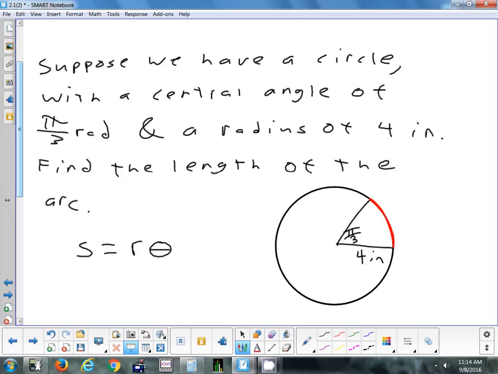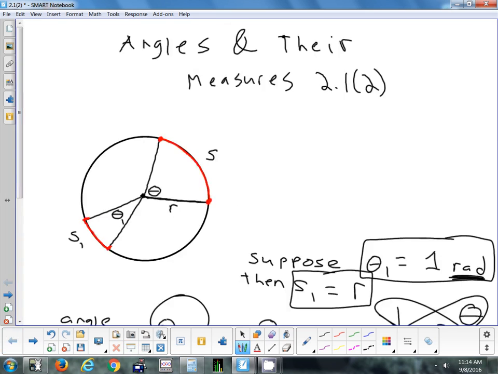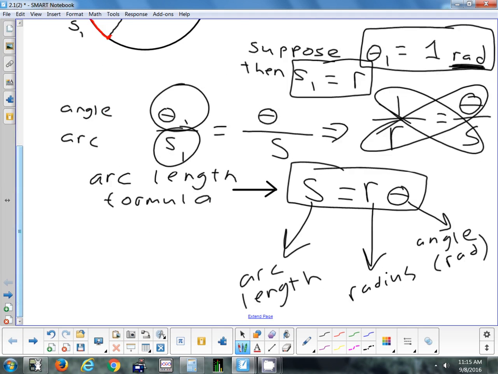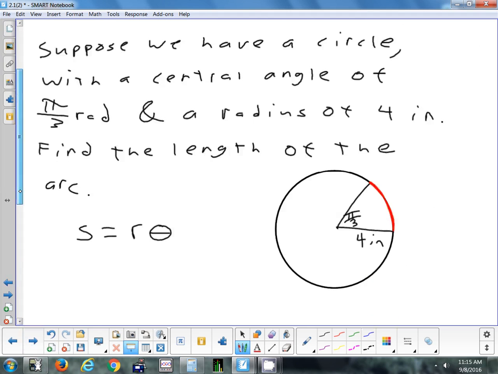Look at the third line in that problem. It tells you something about the 4 inches. What's in front of it? Formula radius or radian? R. R is your radius. All right, so the radius is 4 inches. Good. Right, so I'm going to fill that in for R.